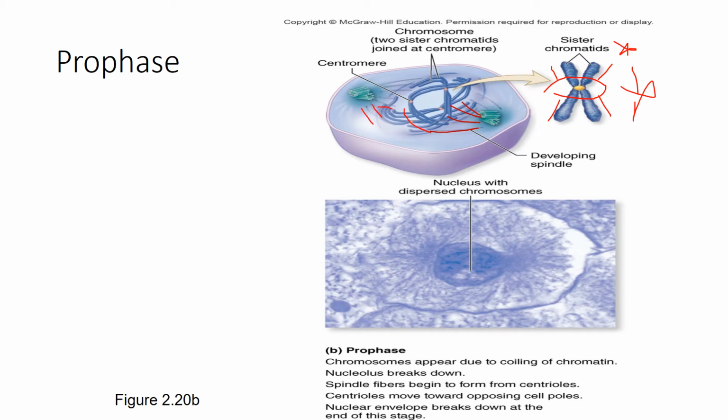And prophase ends when there is no more nuclear envelope around the nucleus. In this image down here, we have the nuclear envelope intact here, but here we're starting to get dissolving of that nuclear envelope. This will continue on until we no longer have all of that.